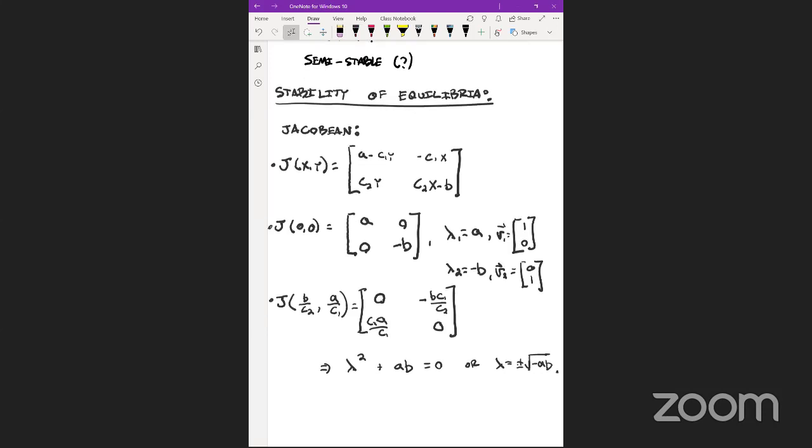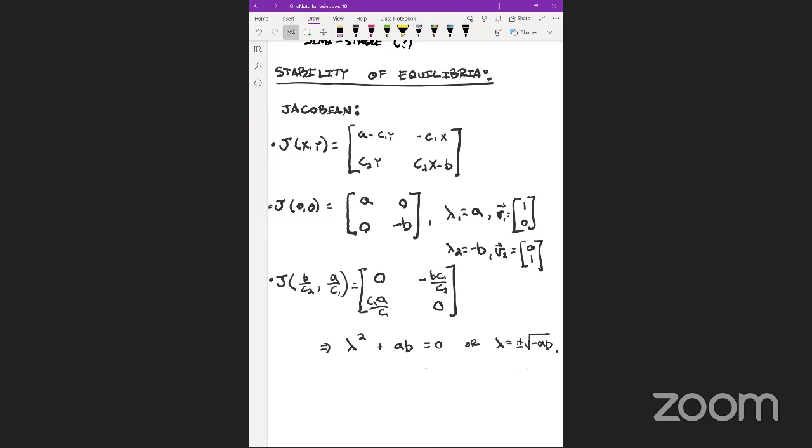So what does that mean? Well, it means our solutions are purely imaginary. And what did it mean to have purely imaginary solutions in the linear case?